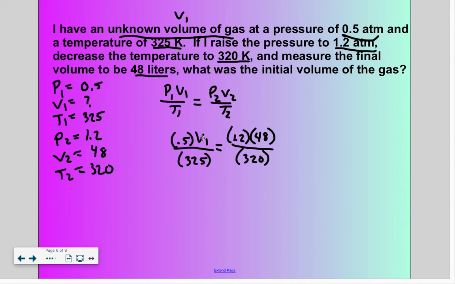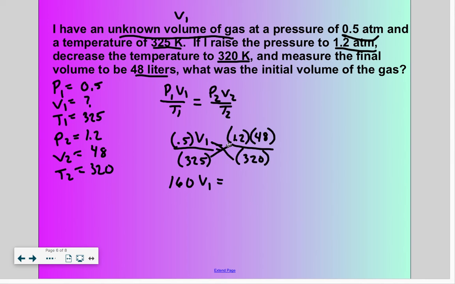All right, lastly then, cross multiply. So remember, this one is the one where you can rearrange. So I'm going to do 0.5 times 320, 160 V1. And then I'm going to do 325 times 1.2 times 48.